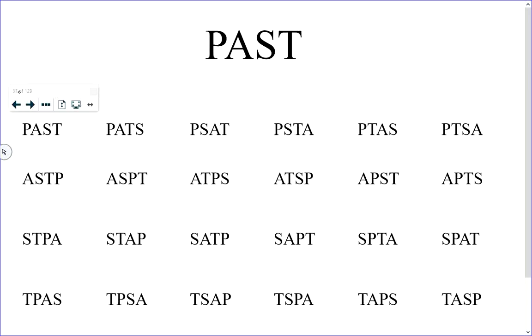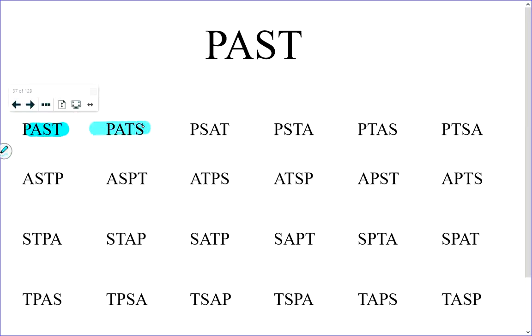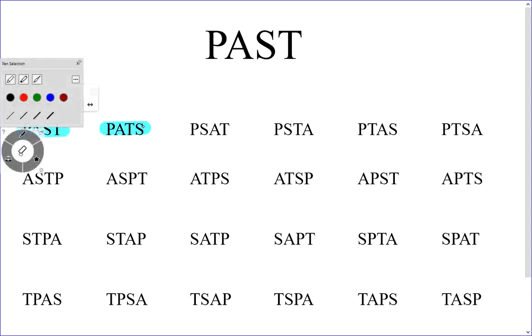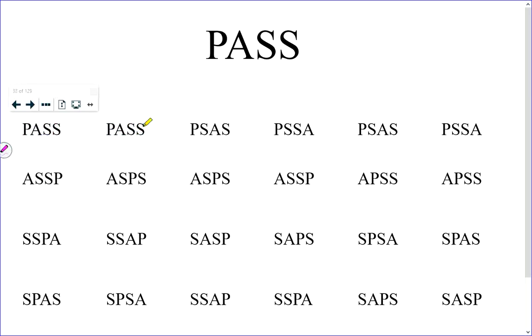So when you look at these 2 words, arrangements, they happen to be words, but that's not important. When you look at these 2 arrangements, they are different when we look at the letters of the word past. But if this T in the first arrangement and this T in the second arrangement are both going to become S's, then they become the same thing.